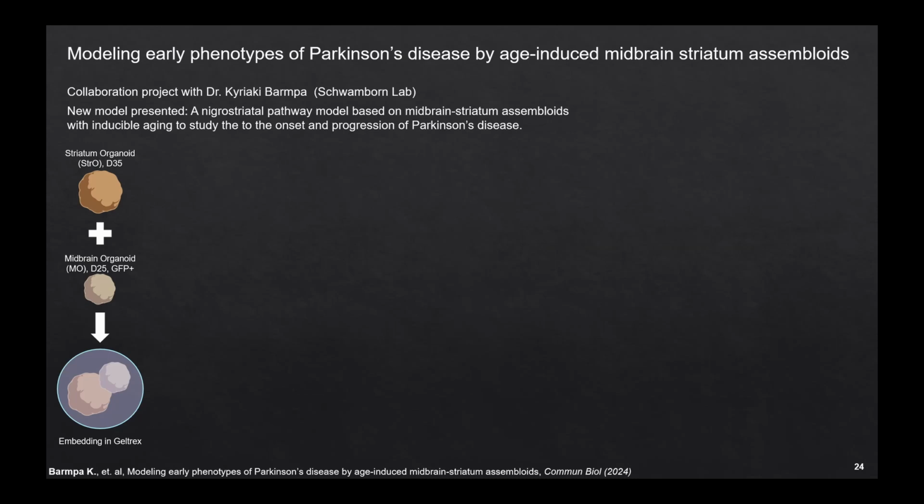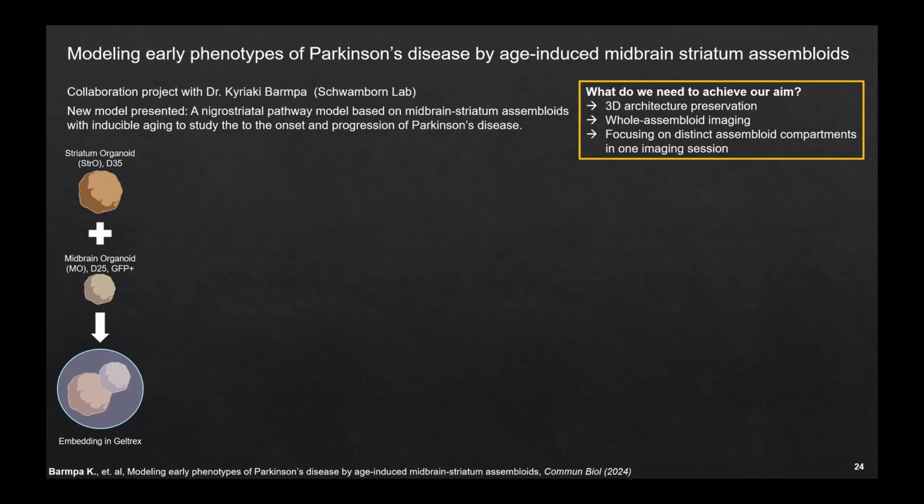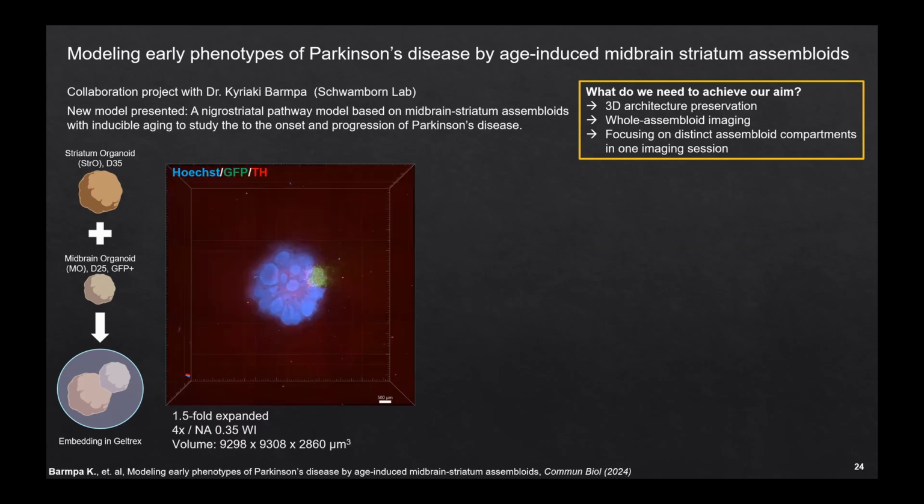But the idea here is to show you that the protocols, or what we have, is quite flexible, so you can modify and adjust different digestion steps in order to, again, preserve the 3D information of your sample, as we show here. So the small green circle that you see there is the midbrain organoid that contains the GFP positive cells, and the rest is the striatum organoid.